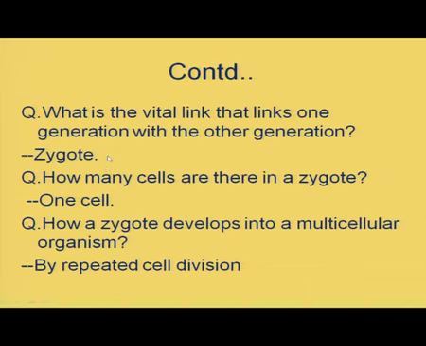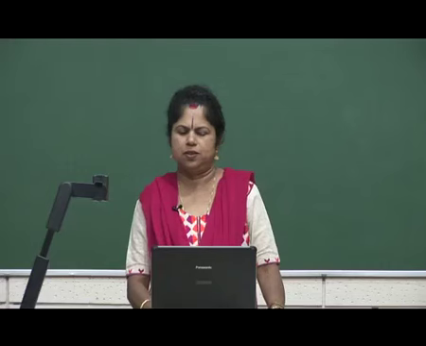You know, it is the zygote. Again, you know the phenomenon of formation of zygote. Which process results in the formation of zygote? Yes, fertilization, fusion of male and female gametes.